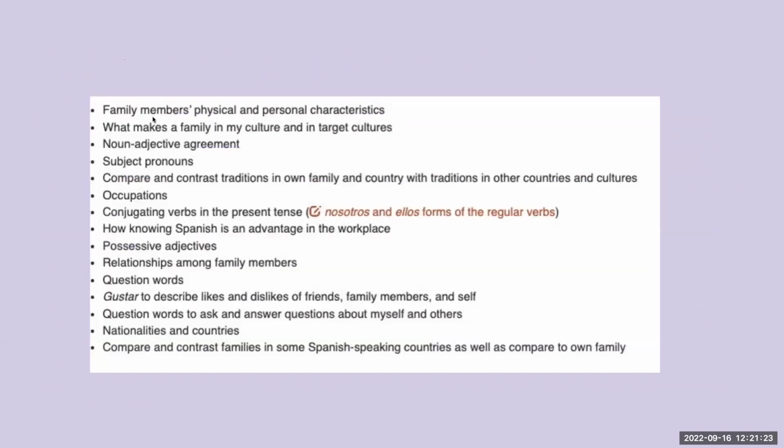Some of the things we've learned about: physical and personal characteristics, what makes a family in my culture and in target cultures, noun adjective agreement, subject pronouns, comparing and contrasting traditions in your family and other countries, occupations, conjugating verbs, how knowing Spanish is an advantage in the workplace, possessive adjectives like mi, tu, su, nuestro, relationships among family members, question words, using gustar to say what you like or don't like, nationalities and countries, and comparing families in Spanish-speaking countries with your own.